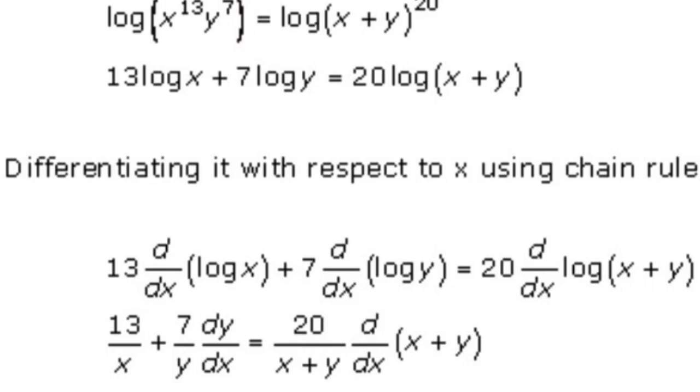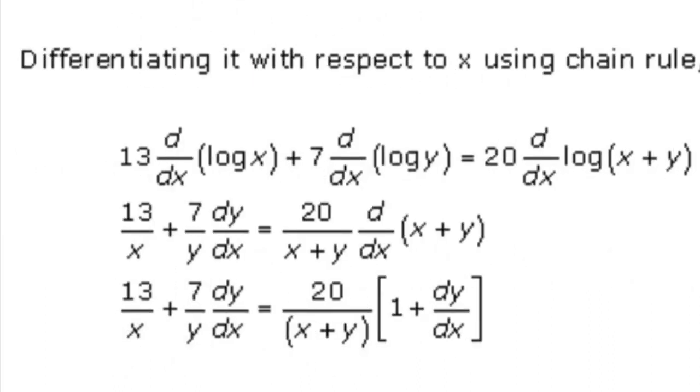So we'll get 13 into derivative of log x, which is 1 upon x, plus 7 into derivative of log y, which is 1 upon y into derivative of y. Here y is a function, or you can say a box, equals to 20 into the derivative of log of x plus y, which is 1 upon x plus y into the derivative of x plus y.